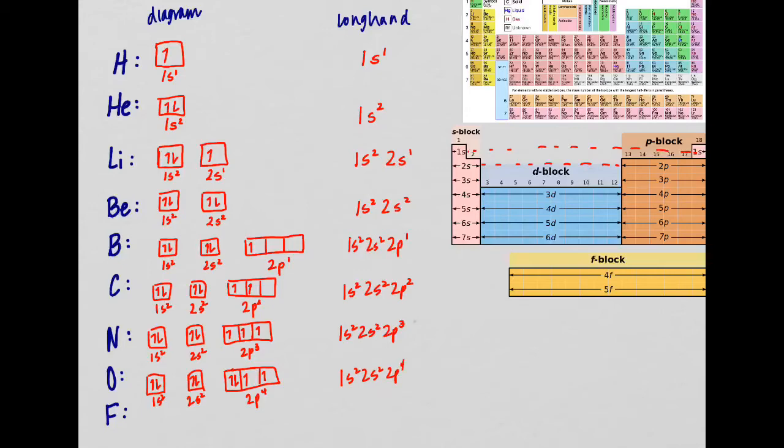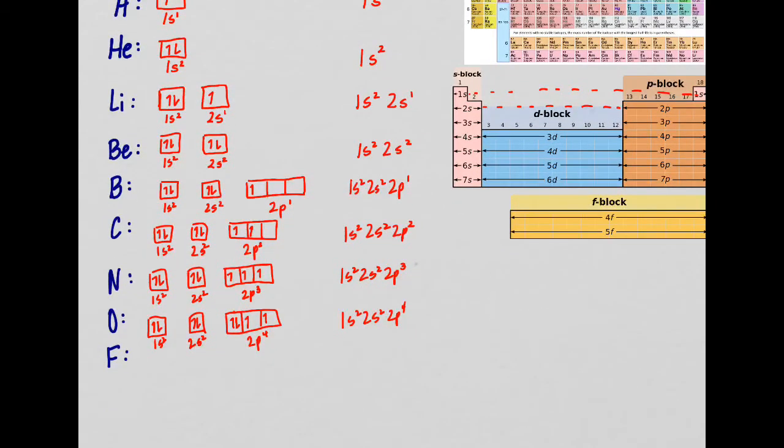All right. Finally, we have fluorine. It has 9 electrons. So we're on 5, that's number 5 because we already have placed 4 electrons before this.